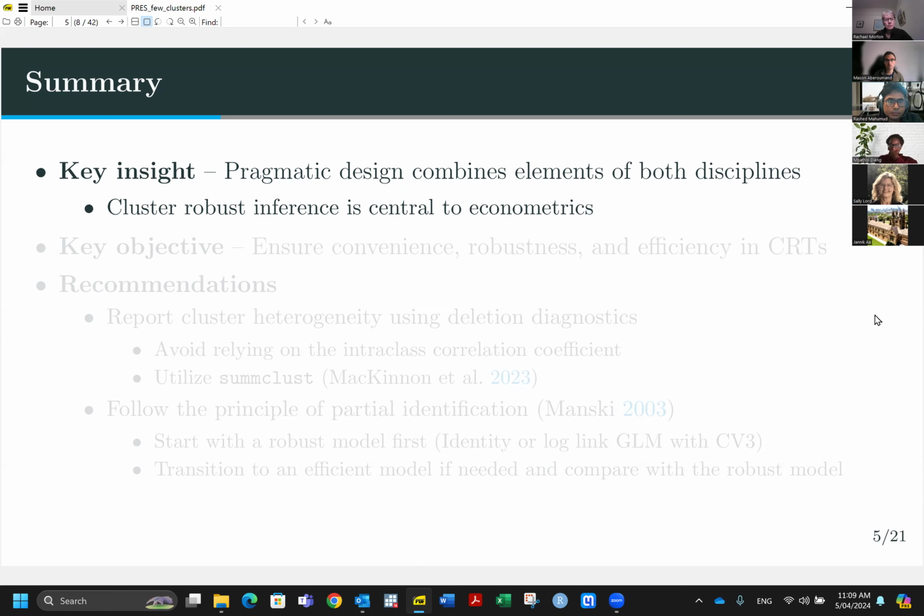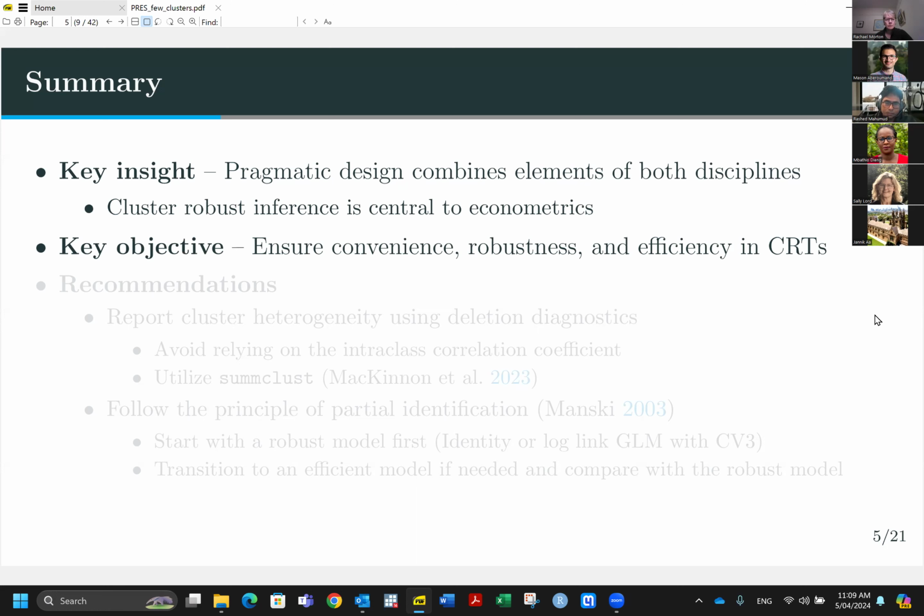But what's interesting is that to develop this paper, I have been reading recent papers in econometrics, but then I ended up reading papers about statistics from 1980. So everything I'm talking about is just good old statistics, which has been known for a while. Anyway, the objective here is to ensure that pragmatic designs can still be approached and can be robust, in the sense that they don't lead to false positives, and efficient, in the sense that they do not lead to false negatives.